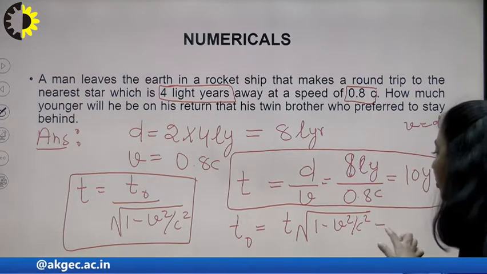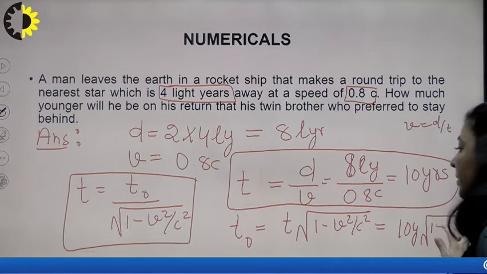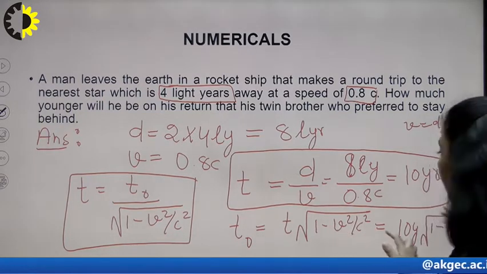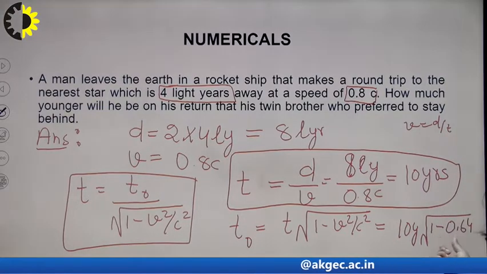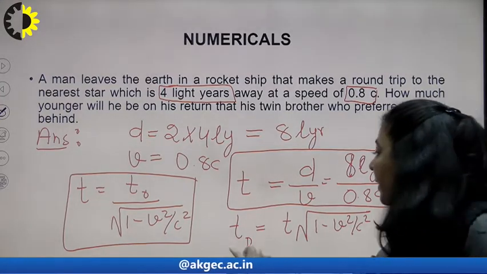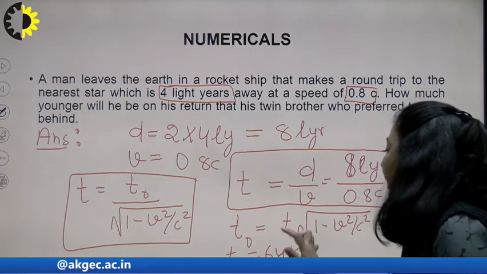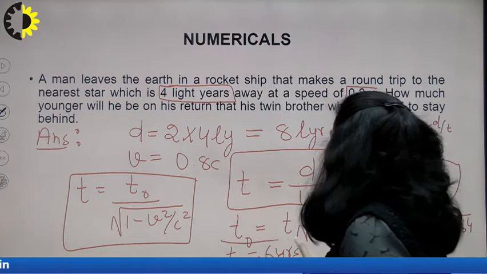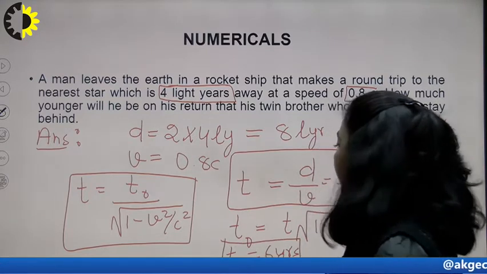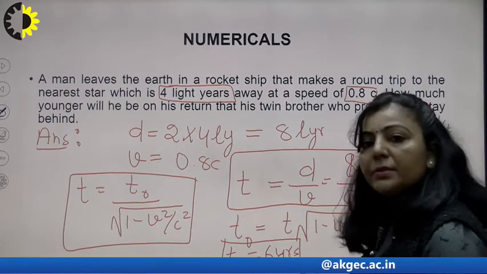So T naught will be 10 years into root of 1 minus, your V is 0.8 c. When you substitute it, it will be 1 minus 0.64, that is 0.36, and outside the root it will be 0.6. So 10 years into 0.6 will be equal to 6 years. It means this T is 10 years and T naught is 6 years.